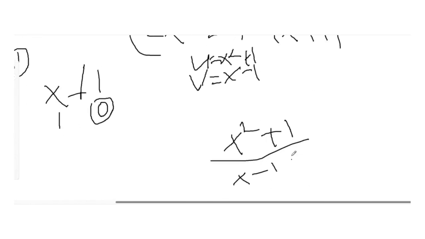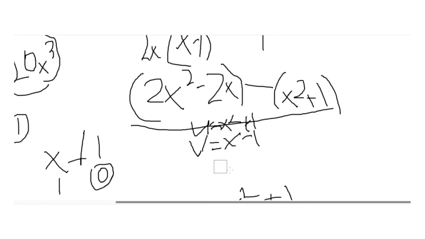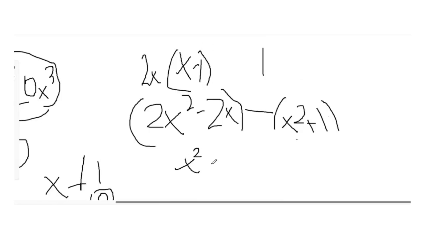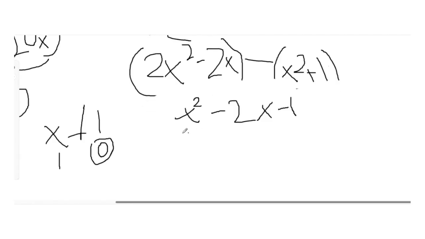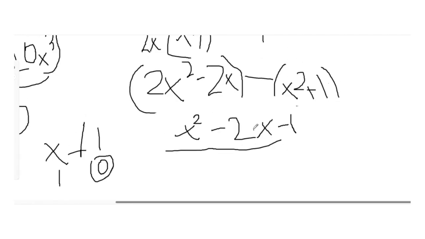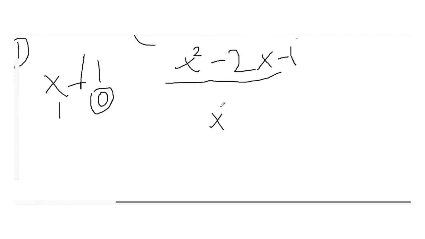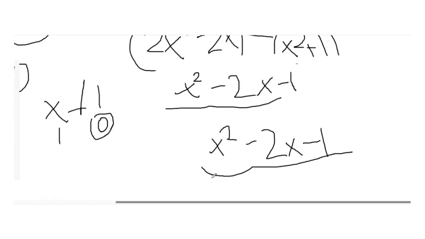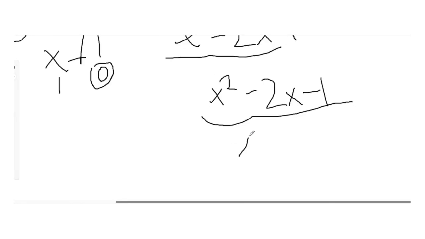When you simplify this, you get x squared minus 2x minus 1. So now that you have this, we have to put that over v squared. So v is x minus 1. So it's x minus 1 squared. So that is the answer to that problem.